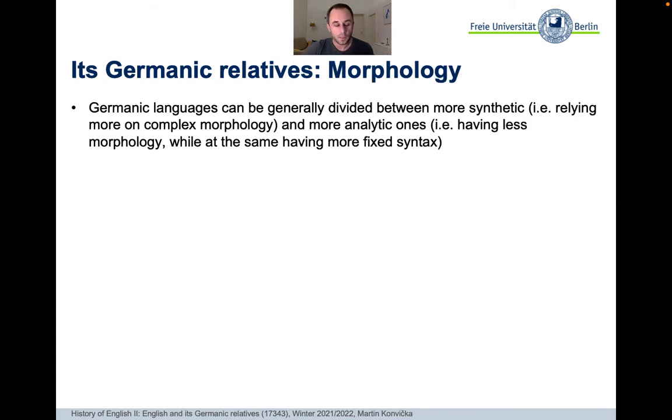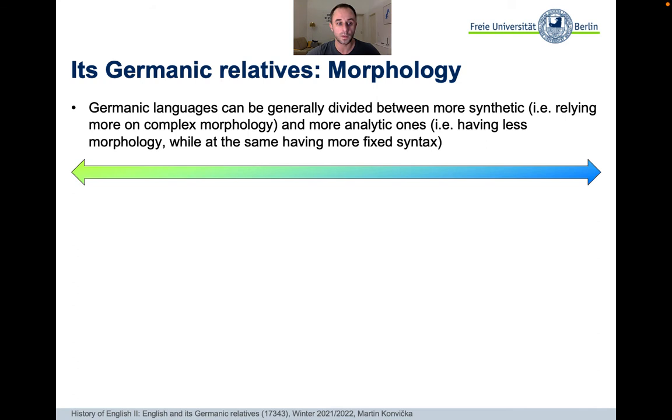The interesting thing about morphology in Germanic languages is that we can use it to distinguish between more analytic and more synthetic languages among the Germanic group. On the one hand, we have languages such as English, all the English-based creoles, or Afrikaans, the Dutch-based language spoken in Namibia and South Africa.